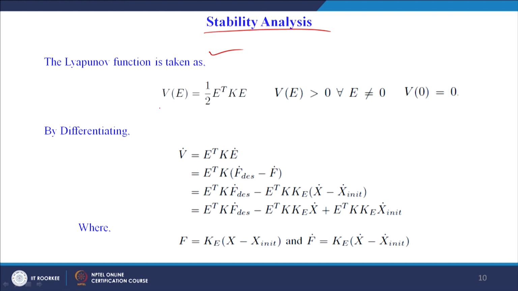So, the function V, the Lyapunov candidate, is taken as a function of error which is given by half into E transpose into K E, where V of E is positive definite and V of 0 is 0 in the beginning, and by differentiating we get V dot equal to E transpose K into F desired dot minus E transpose K multiplied by K E, where K is the control gain and K E is the stiffness, and x dot plus E transpose K K E into x initial velocity, where F is given by K E into x minus x initial and F dot is K E into x dot minus x dot initial.